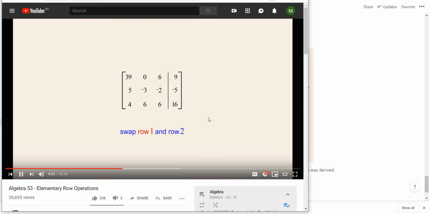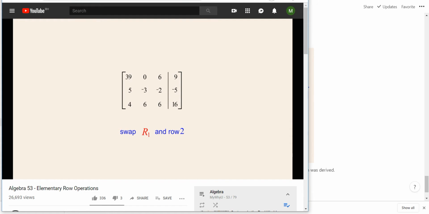1 and R subscript 2 separated by a double-headed arrow.